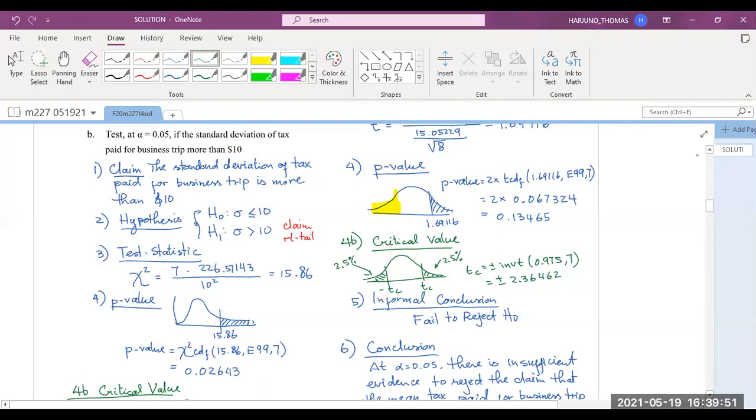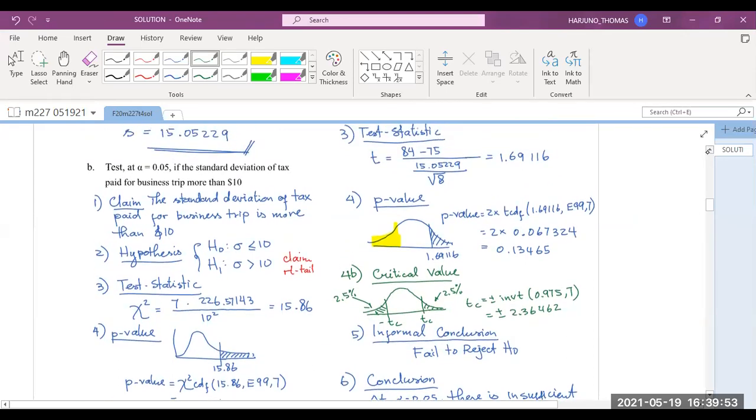Now notice that my test statistic does not fall in the tail. It's actually here. The test statistic is here, positive 1.69, right? That's my test statistic.